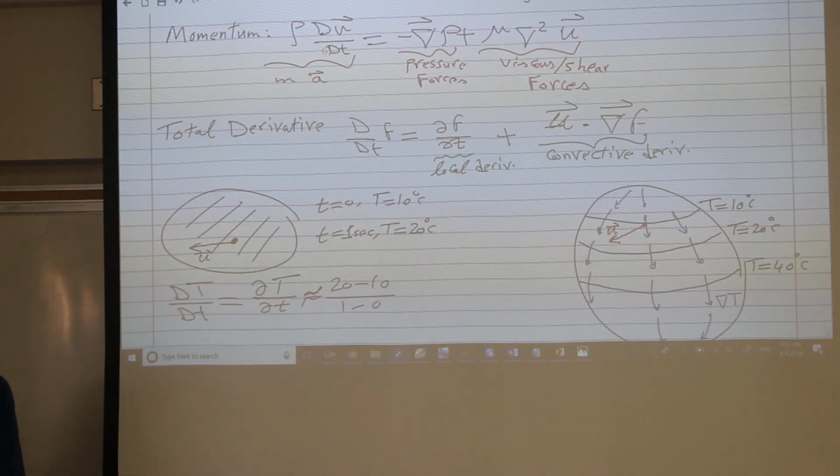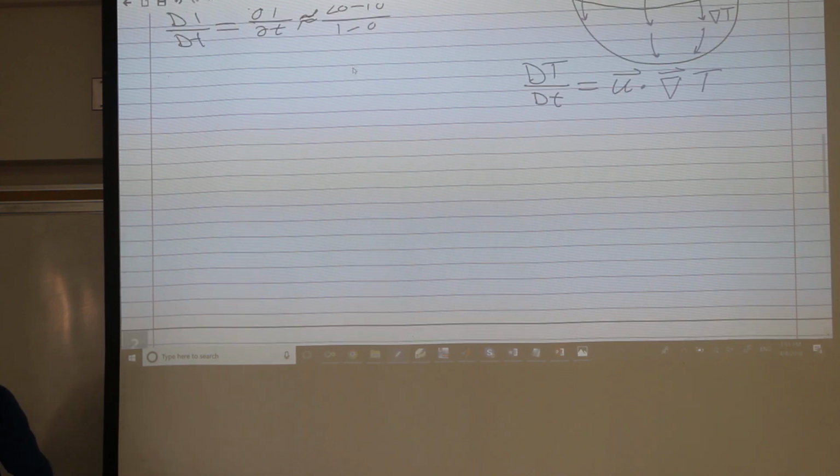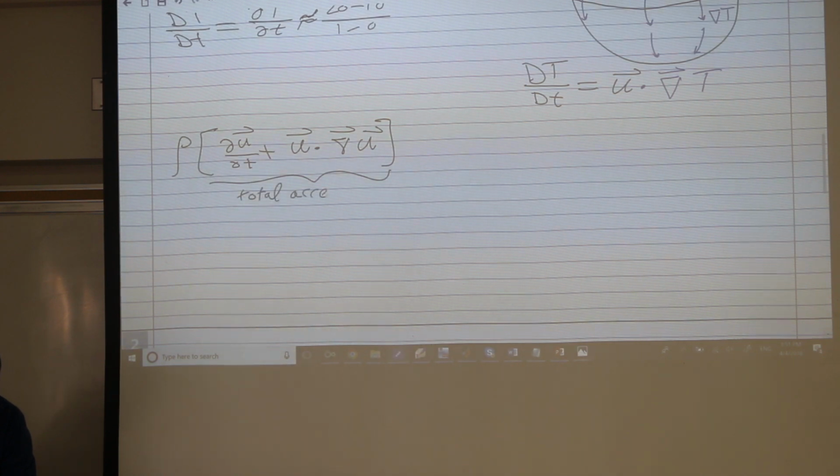So for this term, d by dt for the acceleration, this is the momentum equation now, rho Du/Dt is partial u partial t plus u dot nabla u, okay? So this is the total acceleration: local acceleration and convective acceleration.